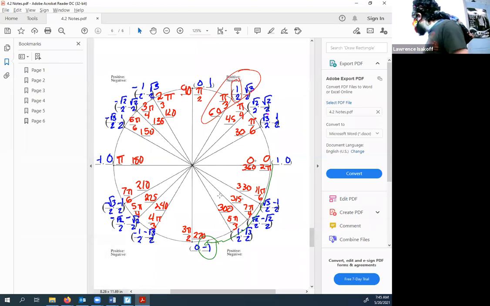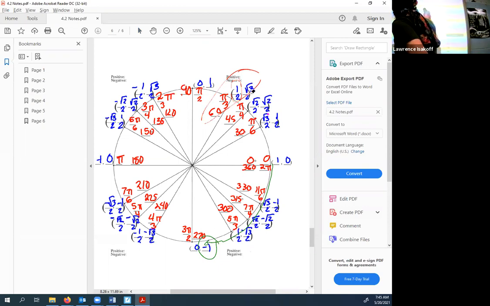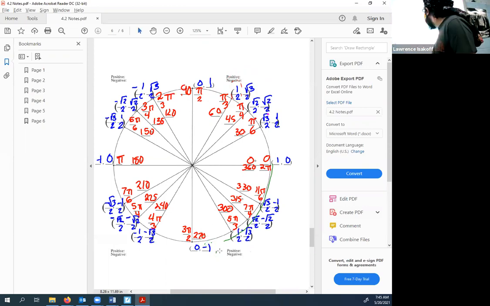So again, I'm going to utilize some of my unit circle here. I know that tangent is defined as sine over cosine.